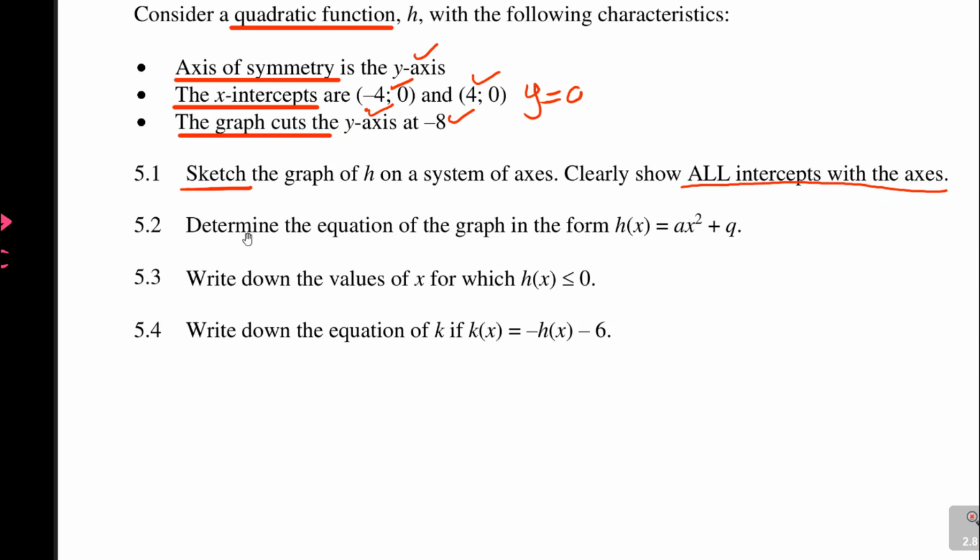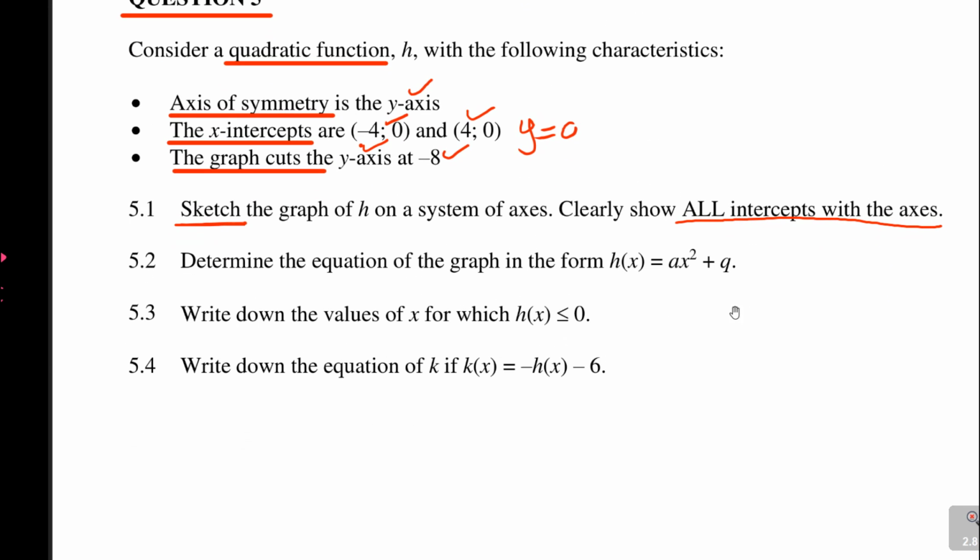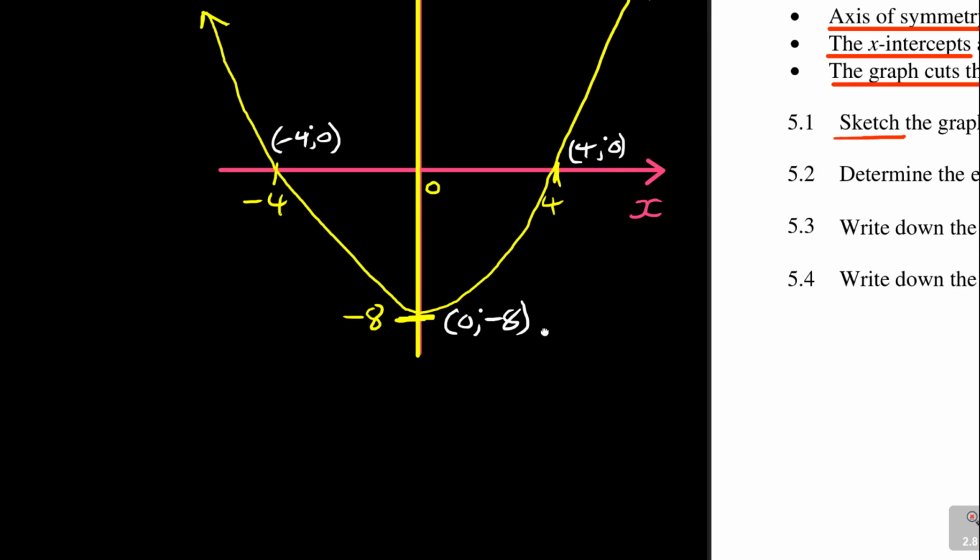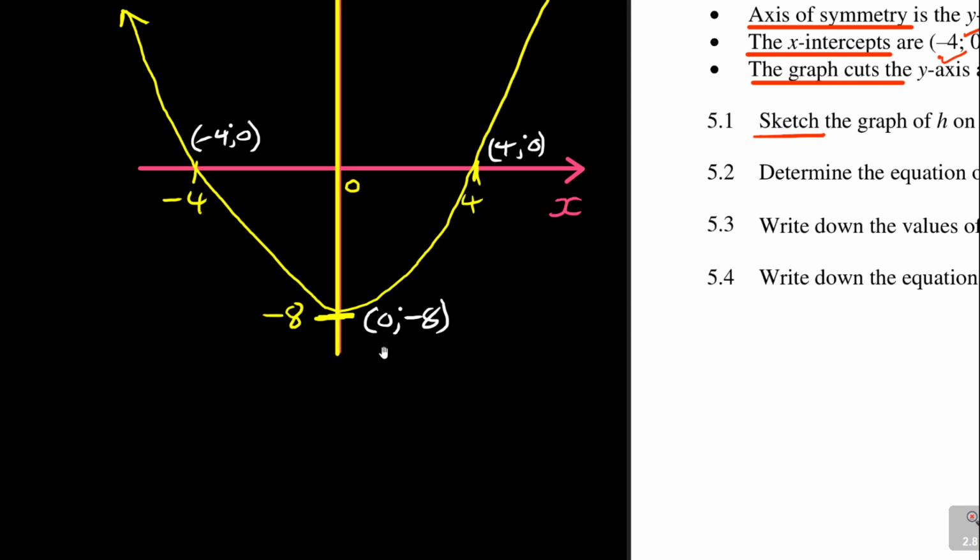Now let's continue. Determine the equation of the graph in the form h(x) equals ax squared plus q. So what did they give us? They want this graph to be ax squared plus q. Let me write it down here. That is 5.2 now. h of x is equal to ax squared plus q.